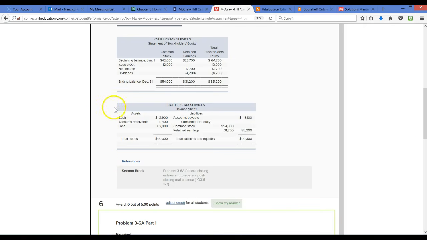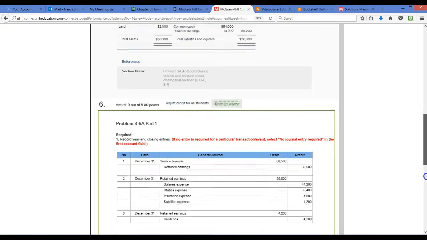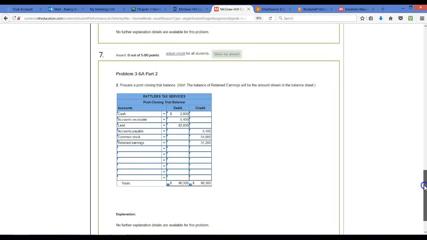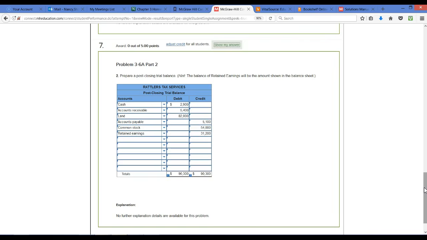So the post-closing trial balance is going to be a debit to cash of $2,900, a debit to accounts receivable of $5,400, a debit to land of $82,000, accounts payable credit $5,100, common stock credit of $54,000, retained earnings credit of $31,200. So that's it. The post-closing trial balance is just merely the balance sheet.